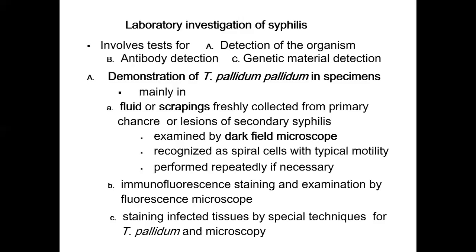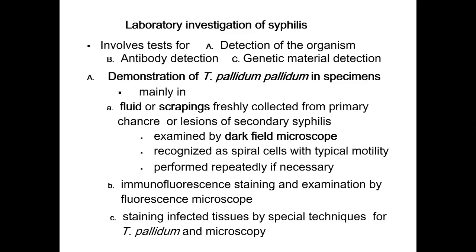If we look at the first one, detection of the organism, we said it's an organism that cannot be seen by doing a ground stain and microscopy. And we also talked about clinical manifestations, and we know that there are some stages where the organism is no longer reachable. One cannot get it in a specimen that easily. So it is a restricted detection of the organism.